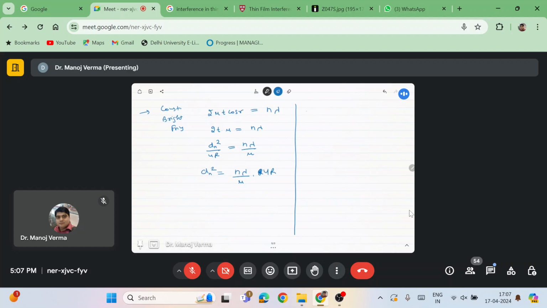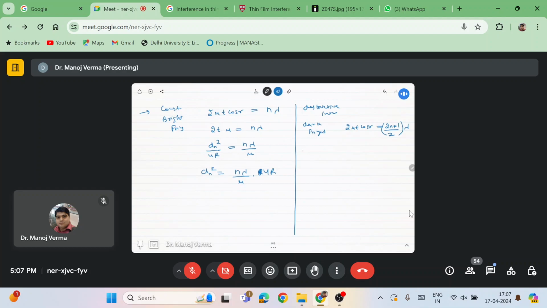Similarly, for destructive interference to happen, that is for dark fringe, the condition will be that this path difference 2 mu t cos r should be equal to 2n minus 1 by 2 lambda. The path difference should be equal to 2n minus 1 by 2 into lambda.